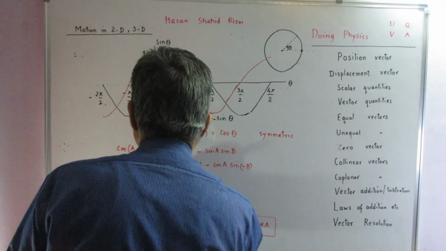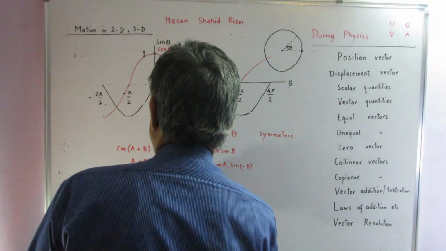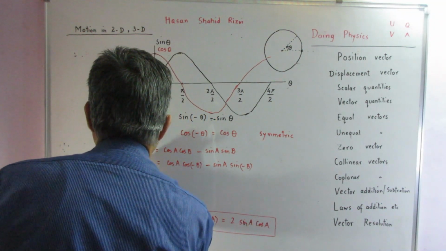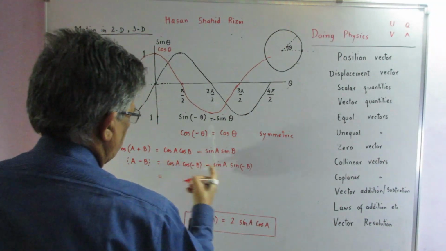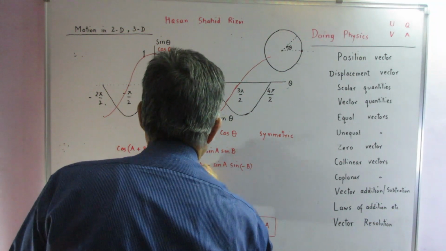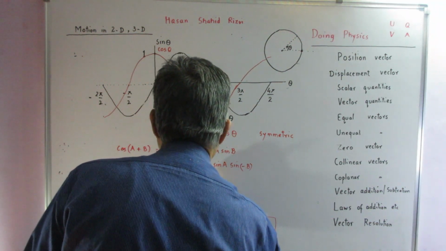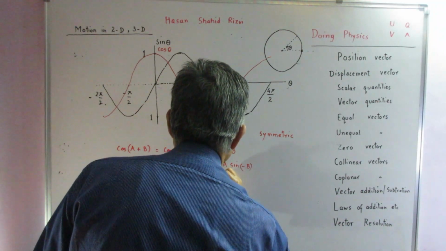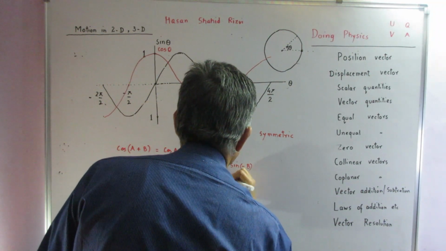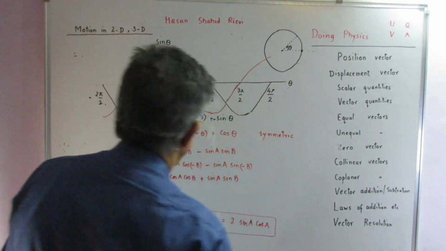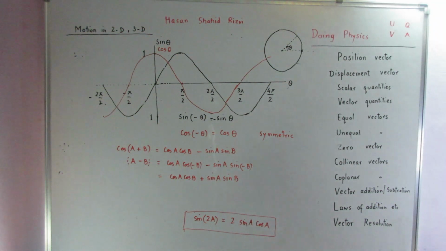So applying that, if I have this cos of A minus B, then this will be cos A cos of B plus sine A sine B. Okay, so look here.